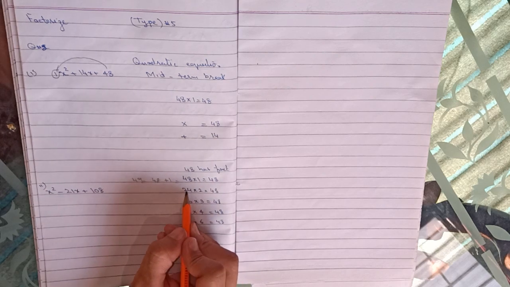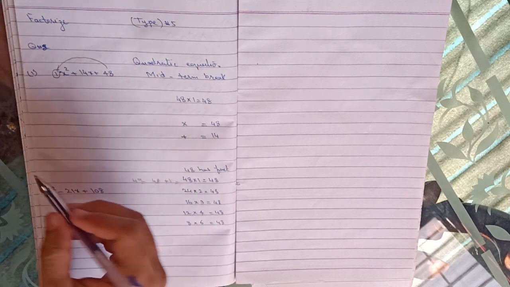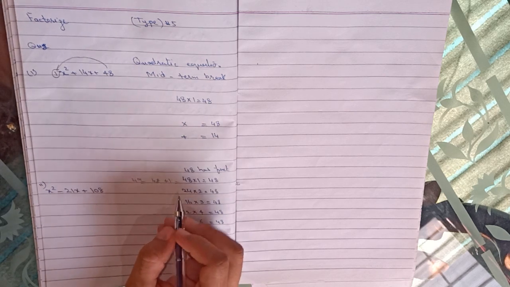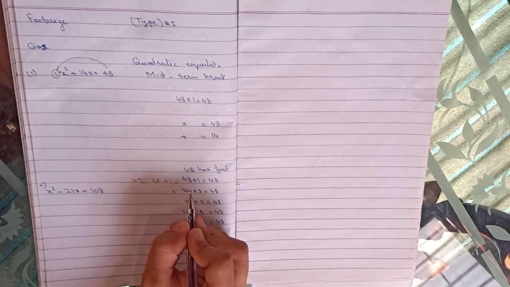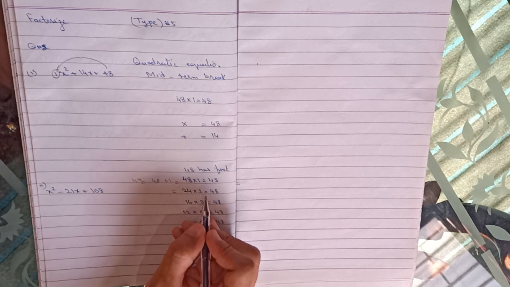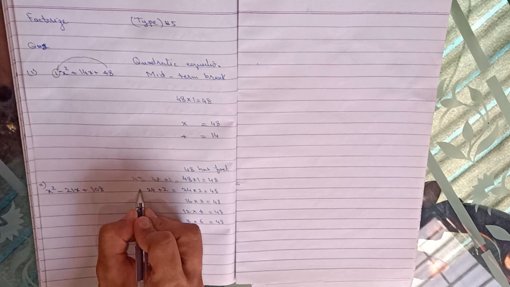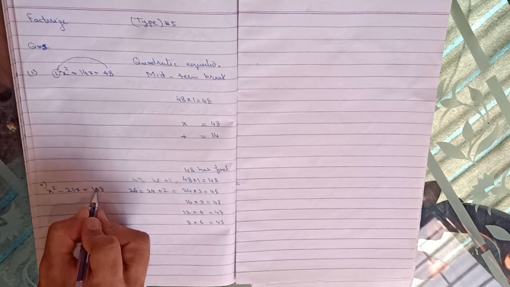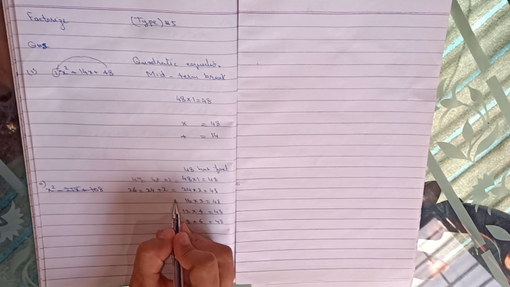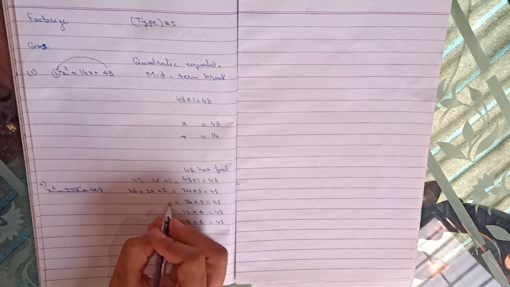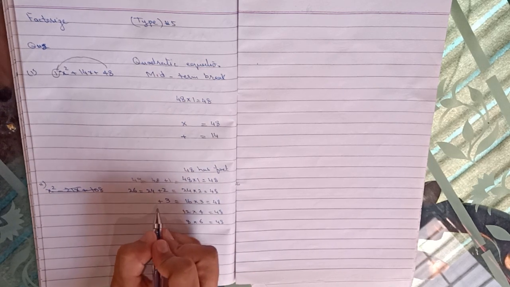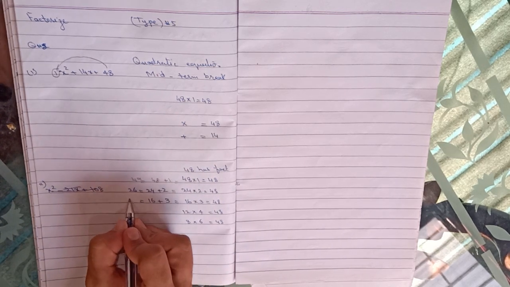Now 24 multiplied by 2 is also 48, but adding 2 plus 24 is 26. It means these cannot be our factors. Now 16 multiplied by 3 is 48, but if we add them, 3 plus 16 is equal to 19.